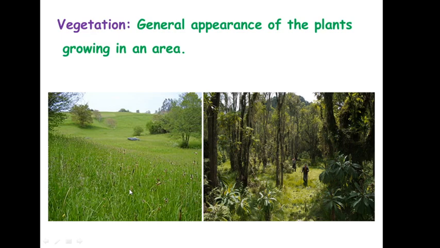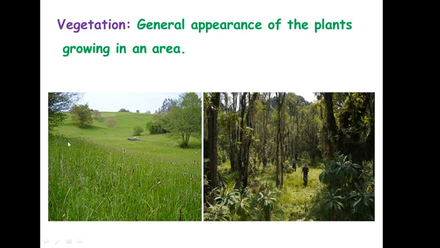But when you study the vegetation of this area, you need not be concerned about the names of each and every plant species growing in that area. We will just have an overview of the entire area. How does it look? Trees are present, grasses are there. So what do we call this? This is a grassland. If we say this is a grassland, does it mean there are no trees?